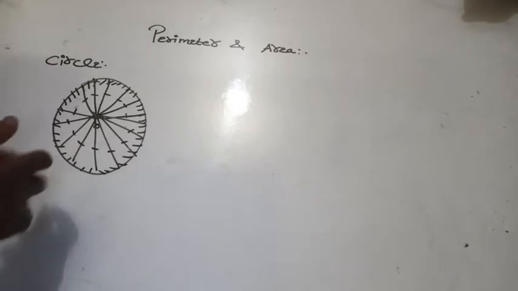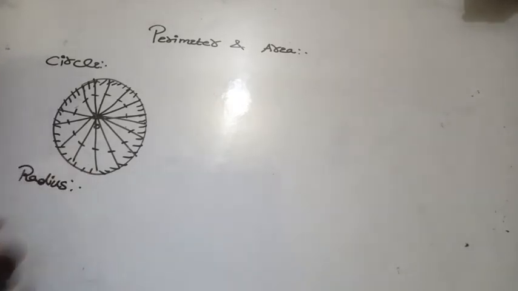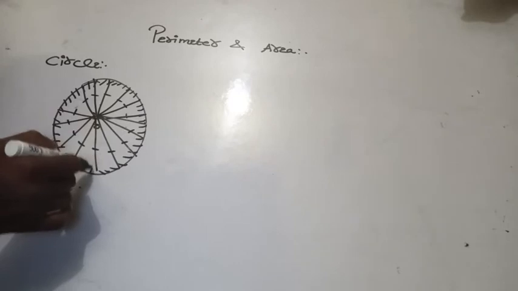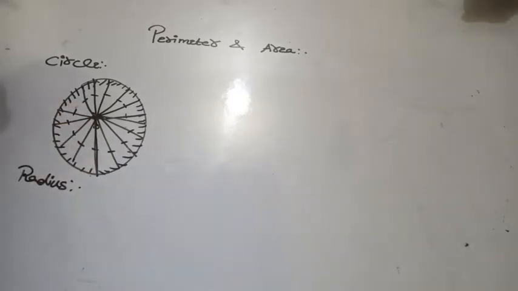Radius. What is the radius? The line segment joining the center to any point on the circle. That fixed point is the center. The line segment joining the center to any point on the circle is called the radius. Then diameter. What is the diameter? The line segment joining any two points on the circle and passing through the center.